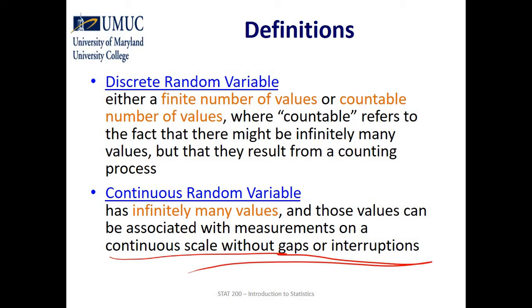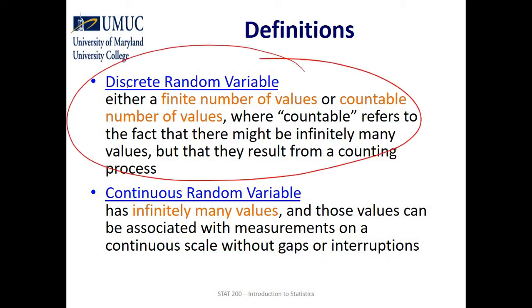So if you were to try to put these two in some kind of context, a discrete random variable would be the number of people in a room, or the number of people in our class. How about that? The number of people in our class is a discrete random variable. It's typically anywhere from 1, although they try to keep the classes at least 10 to make a section.